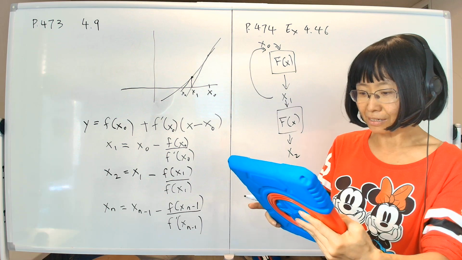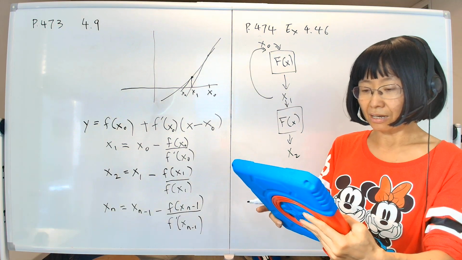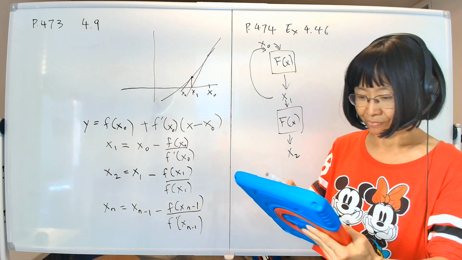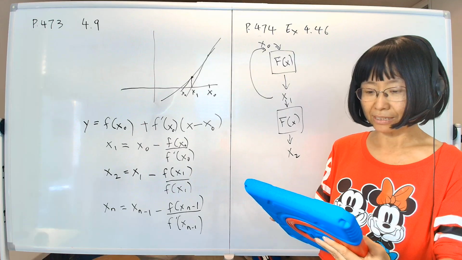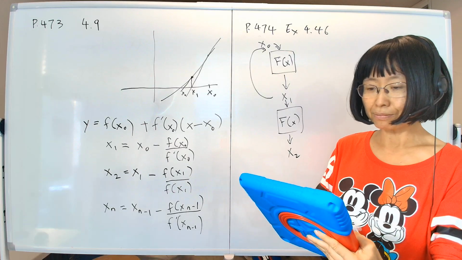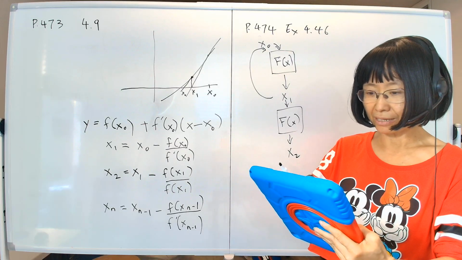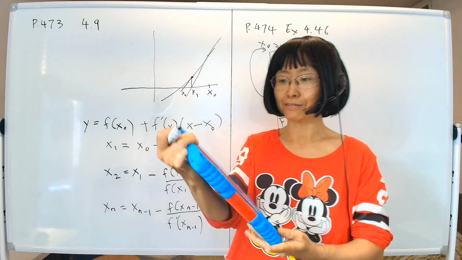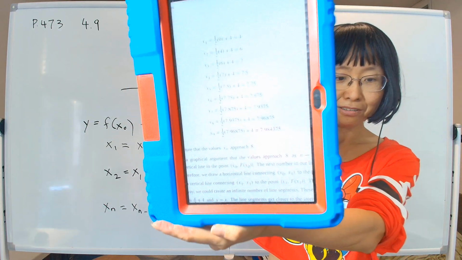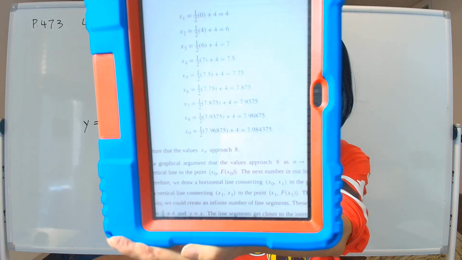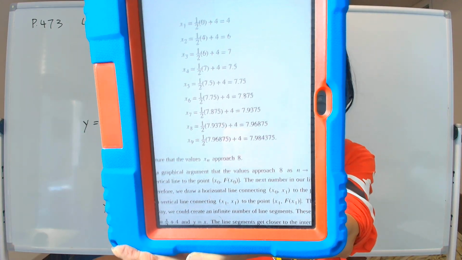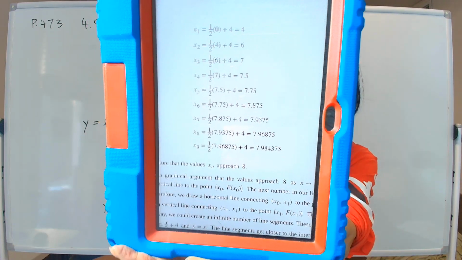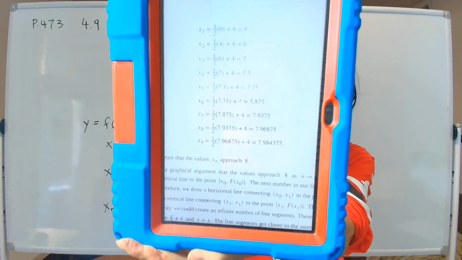And sometimes it might approach something. For example, that is what example 4.49 is. So please do example 4.49 as your homework on the spreadsheet. I recommend about 8 or 10 iterations. You crank the formula 8 or 10 times.